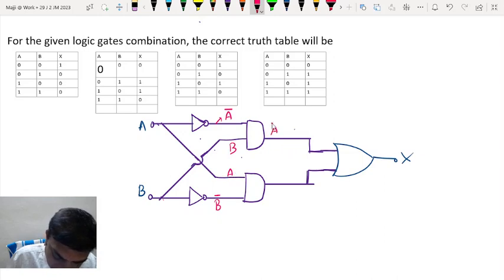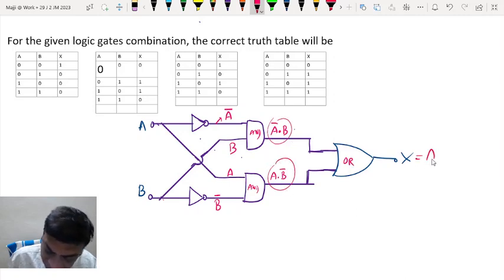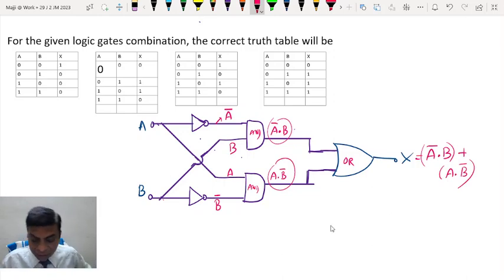So here B is directly entering, here A is also directly entering. So here we have A bar dot B, because this is AND gate. Okay, and here you have A dot B bar, and since this is OR gate, the end product is this or this. Now this you cannot simplify by any simple formula.